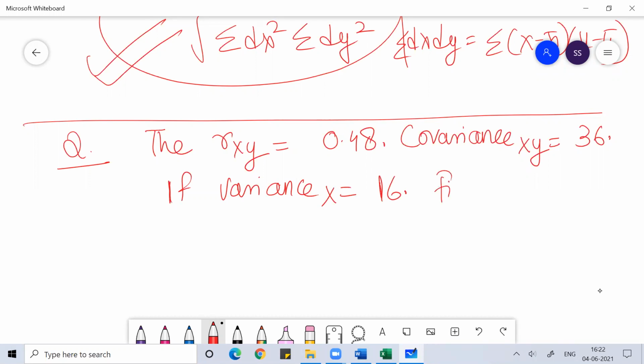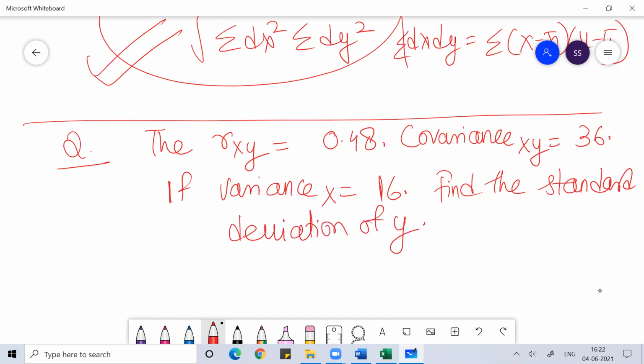Then find the standard deviation of y. Everyone, please try this problem.